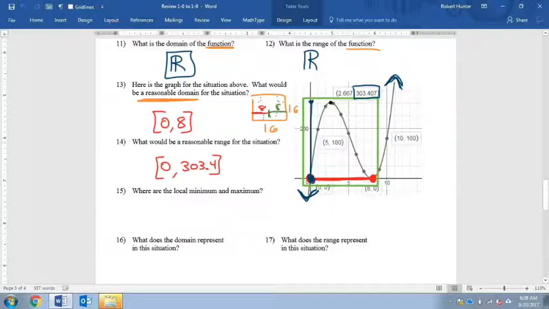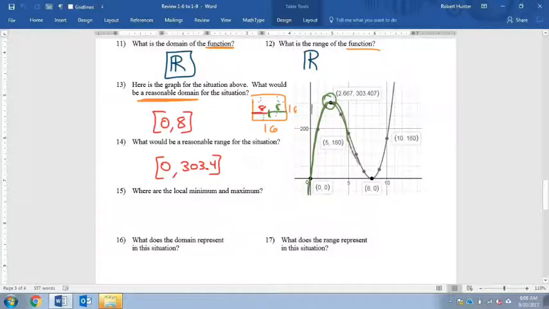Where is a local minimum and maximum? A local minimum and maximum is where the graph turns around and goes the other way. If the graph goes up and turns around, there's a maximum. If it goes down, turns around, there's a minimum.